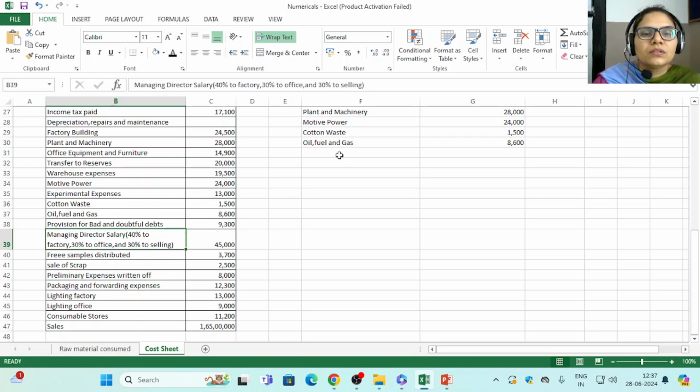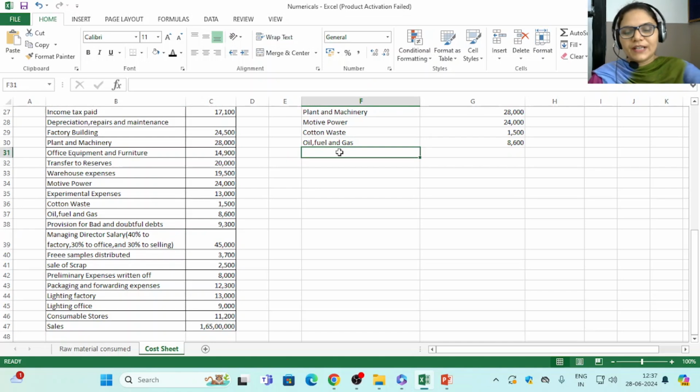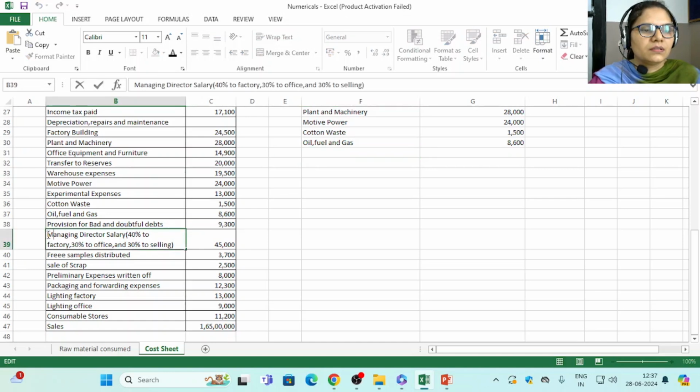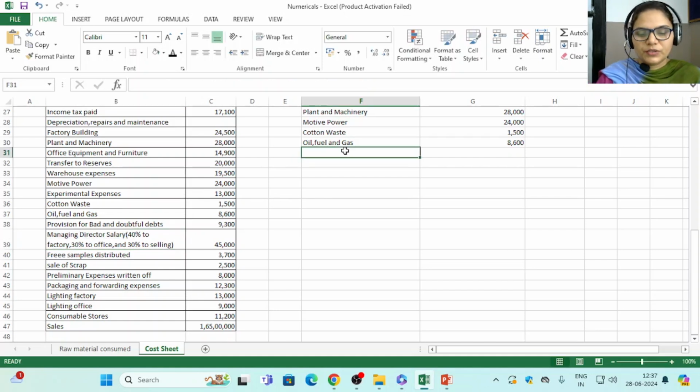So managing director salary, 40% which belongs to the factory, that is 40% of rupees 45,000, is 18,000.